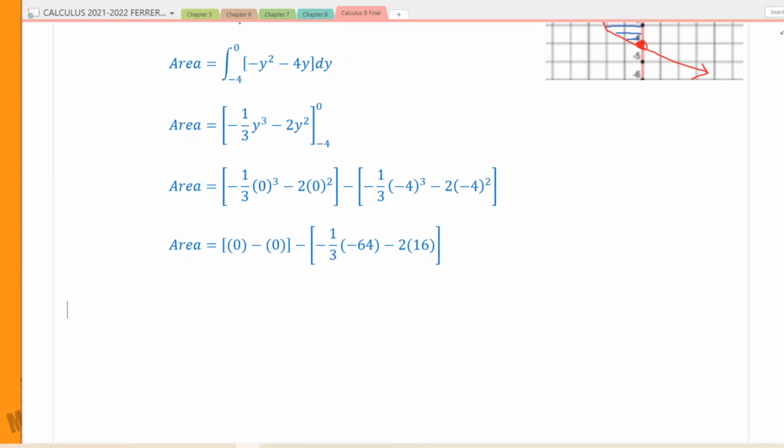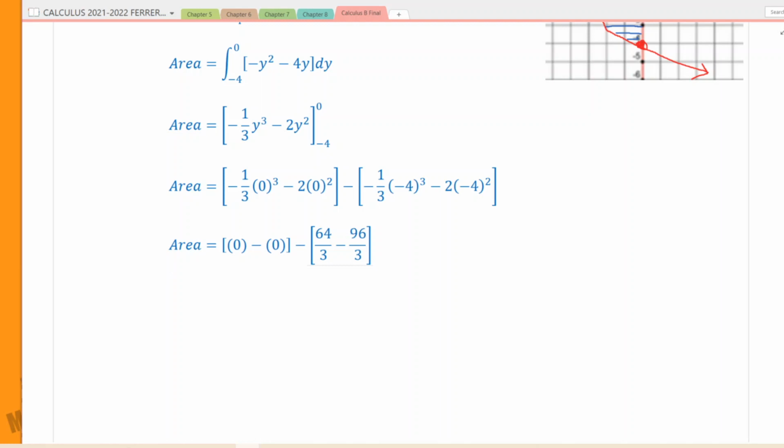Negative 1/3 multiplied by negative 64, we'll just make that positive 64 over 3. And then 2 times 16 is 32, which I'm going to make 96 over 3 just to make it easier to subtract.